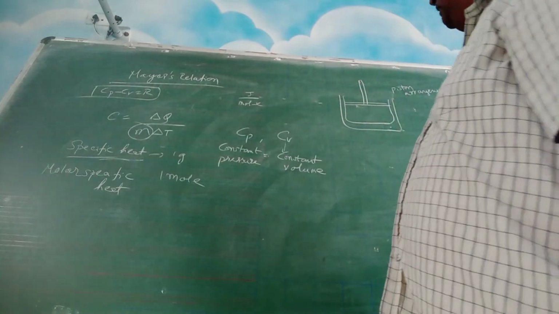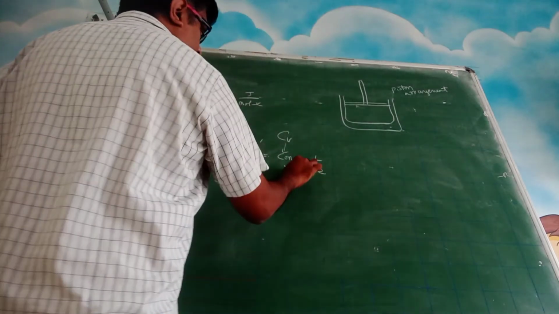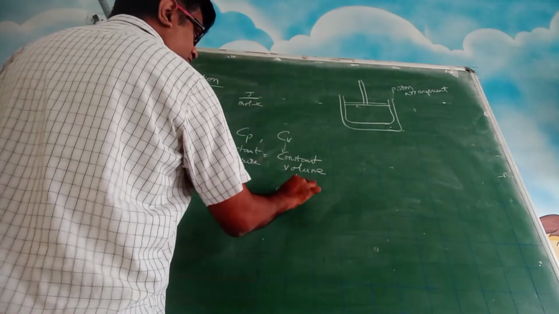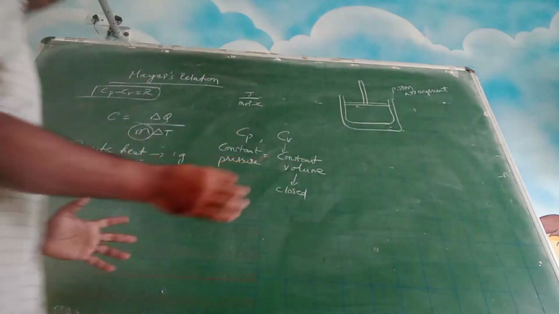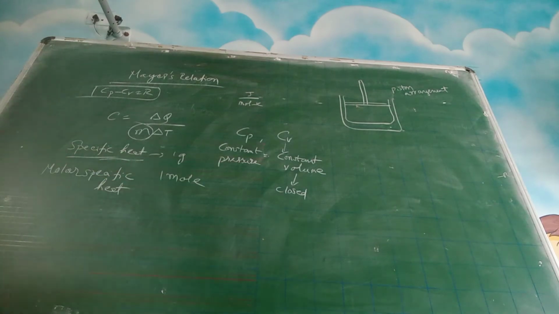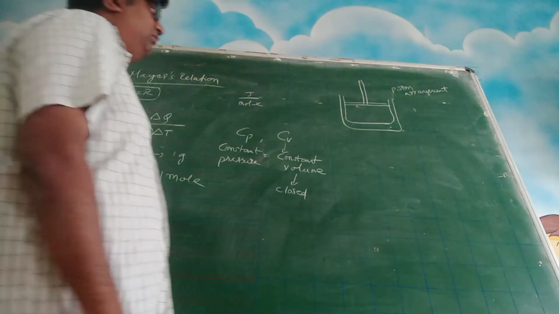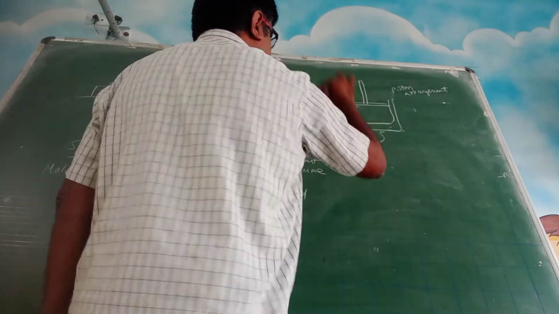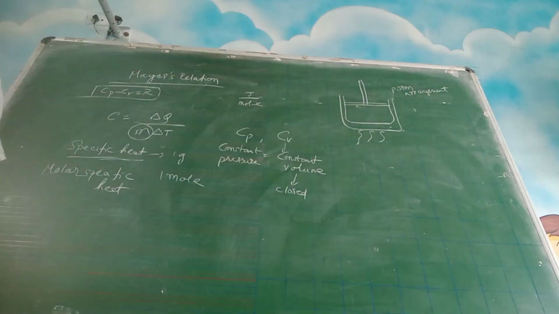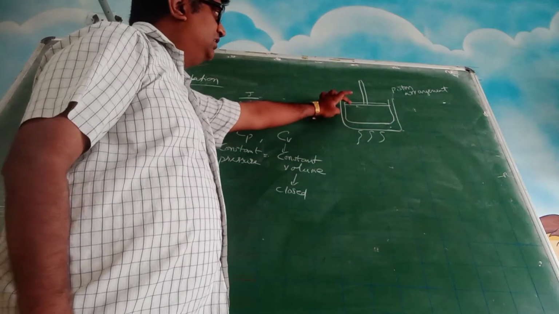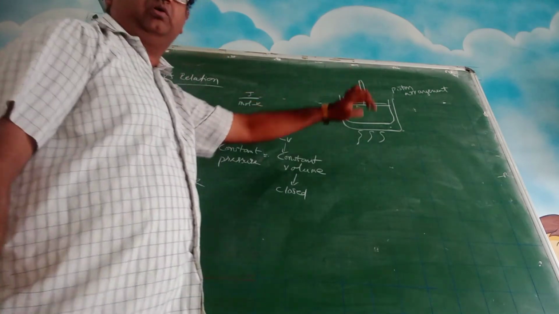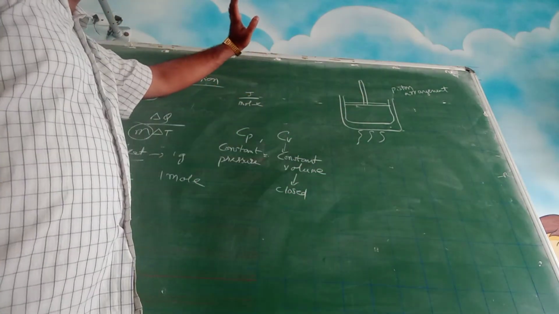Whenever we talk about constant volume, we talk about closed containers. Now imagine your cooker. When you give some heat to this, what exactly happens? The moment you start giving heat, this is the lid of the cooker. Will it fly off immediately?